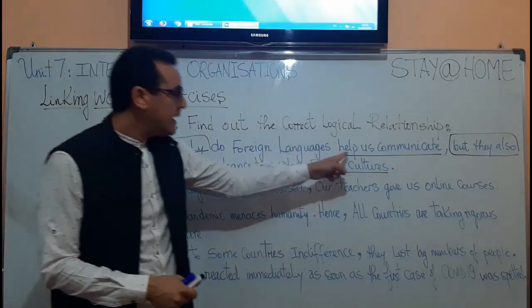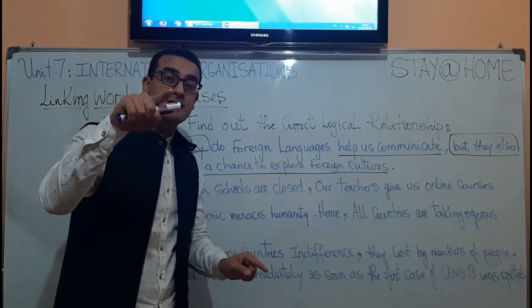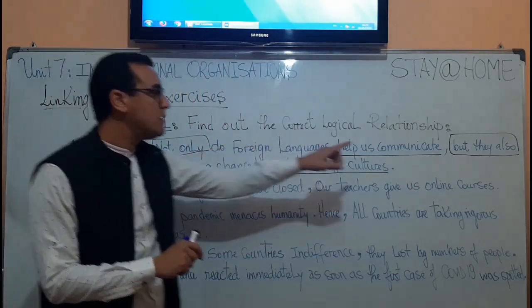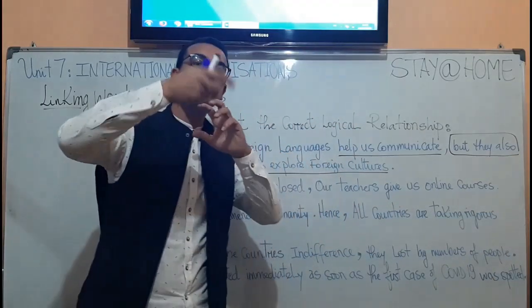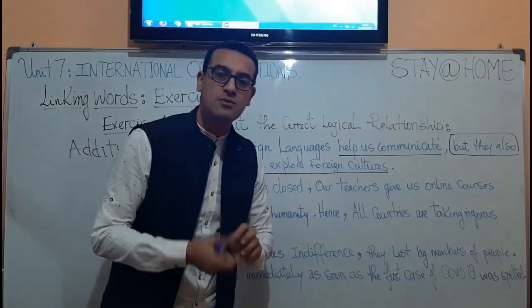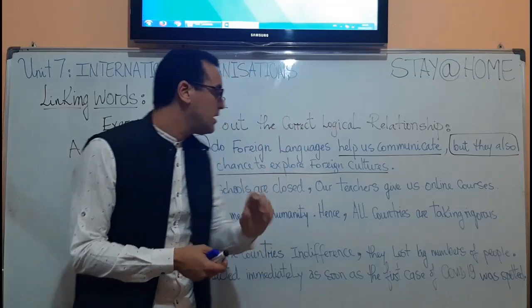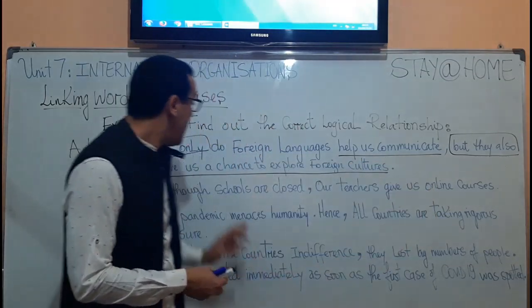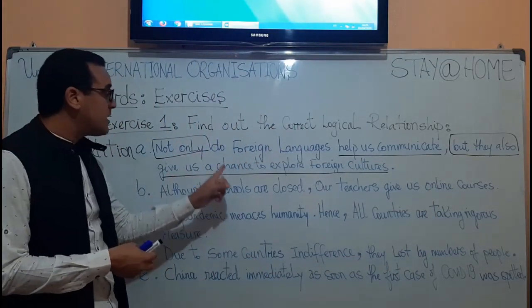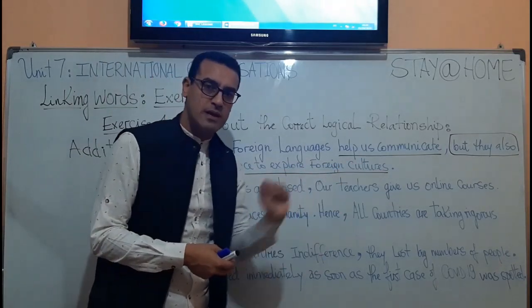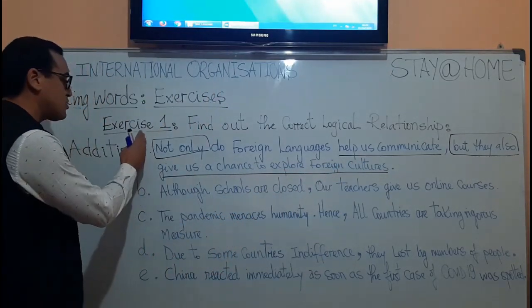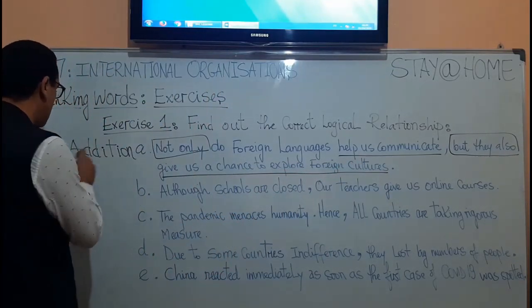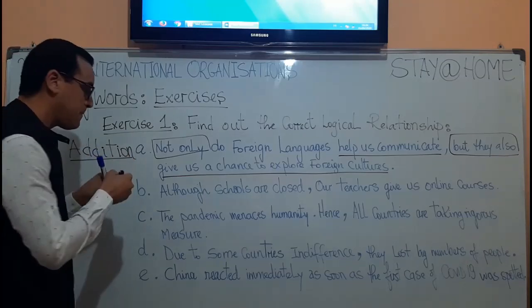Number one, they help us communicate, and so we have used not only but also in order to replace or substitute and. So they help us communicate and they give us a chance to explore foreign cultures. So the logical relationship in number one is addition. I will try to underline it here.